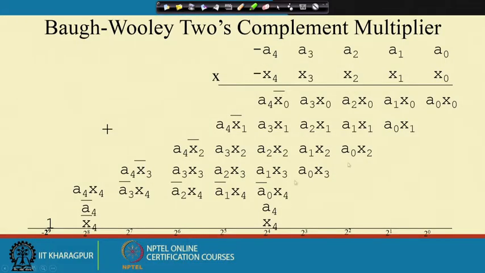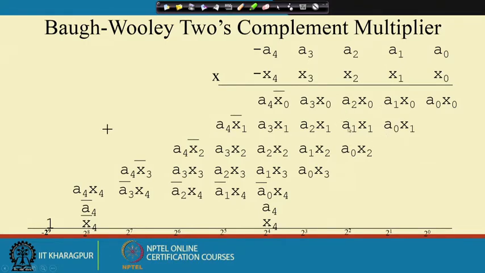This is the Baugh-Wooley 2's complement multiplier, and these are all the multiples which I have to consider in the Baugh-Wooley 2's complement multiplier system. These operations are different compared to the unsigned multiplier architecture. In unsigned multiplication, these operations are very common.